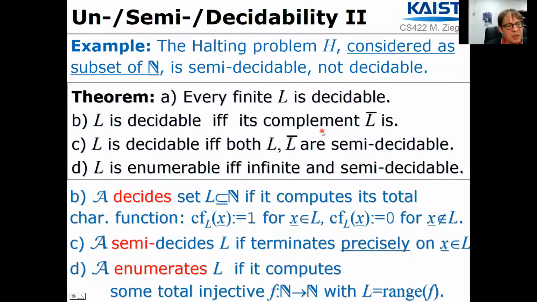If the algorithm semi-deciding L prime terminates, then our master program will answer no, will answer 0, because our master algorithm is supposed to decide.